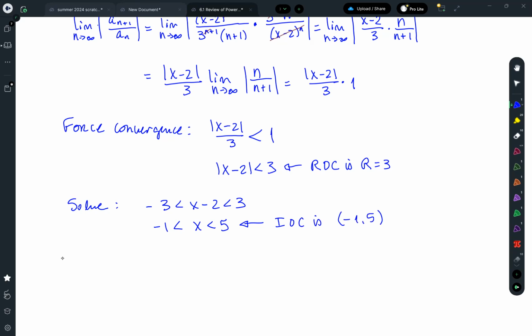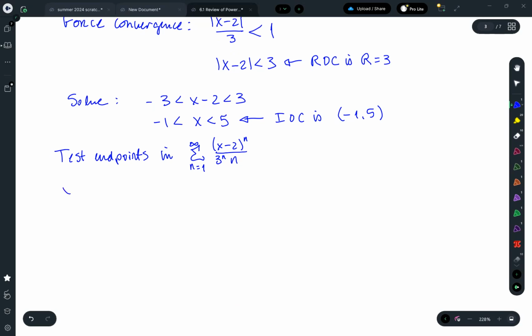But we're not done. We have to test the endpoints. We don't know if we can include negative 1 or include 5 or neither or both. So we got to test the endpoints in the original series, which again was the series n goes from 1 to infinity of x minus 2 to the n over 3 to the n times n.